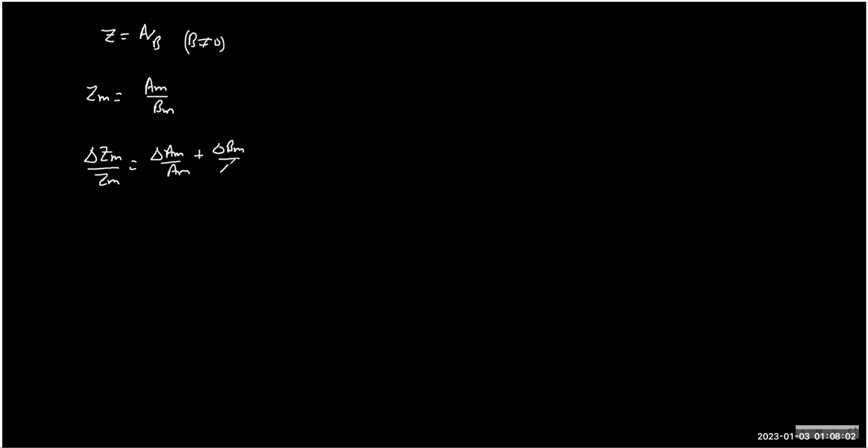So for multiplication or division, the relative error of the product or the division is the sum of the relative errors. Simply remember, in case of multiplication or division, simply add the values. Don't worry much. But how to add? Instead of absolute, add the relative value. I hope this is clear.